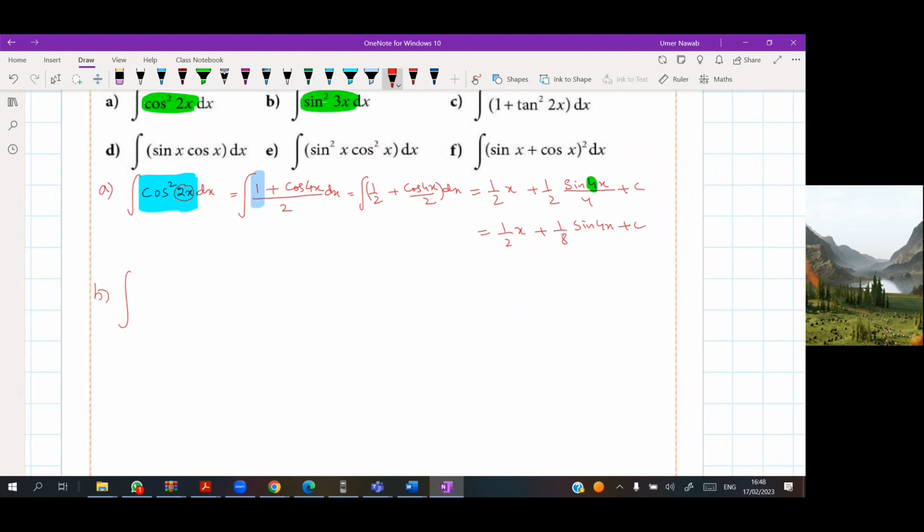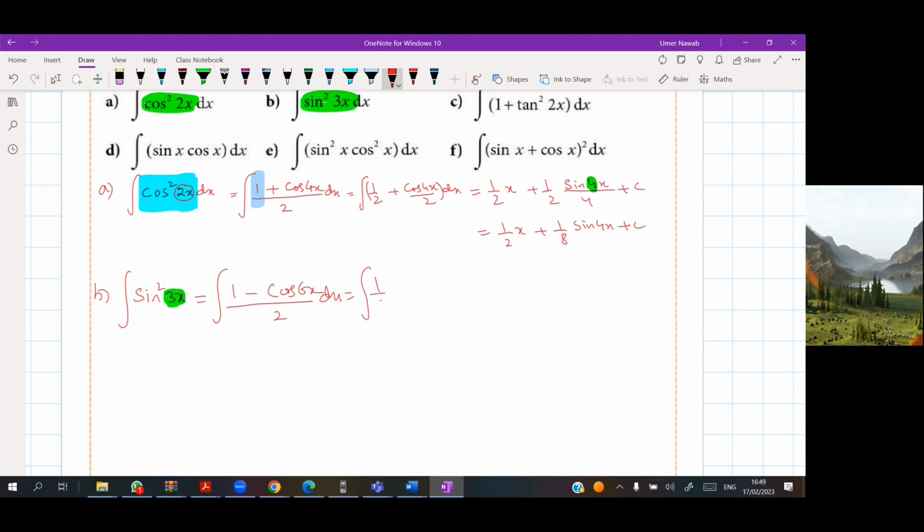Now come to the b part. Sine squared 3x. Again, I'm going to use the half angle identity. Sine squared 3x is 1 minus, take the double of 3x. What is the double of 3x? It is 6. So I'm going to write 1 minus cosine of 6x divided by 2.